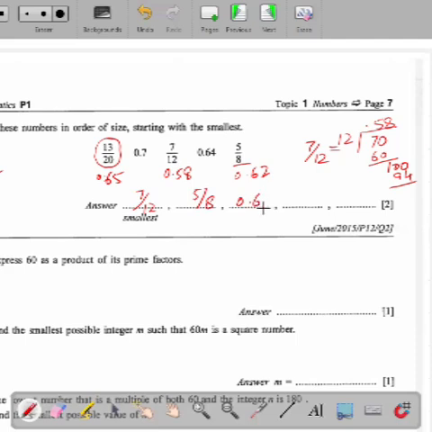Since no fraction is given, it will be written in its original form. Then 0.65, which is 13 by 20, and after that 0.7. So this is the way to write your answer. The working should not be added into the main answer.